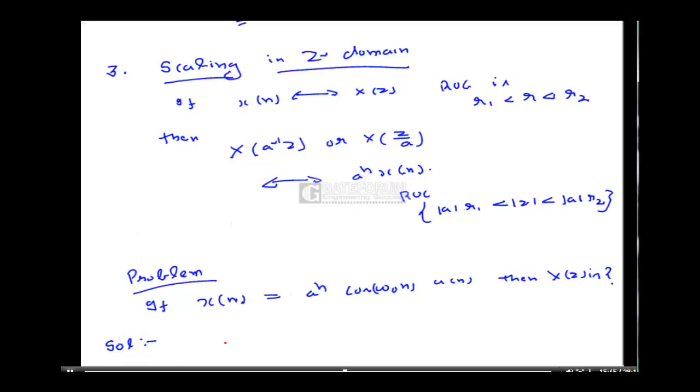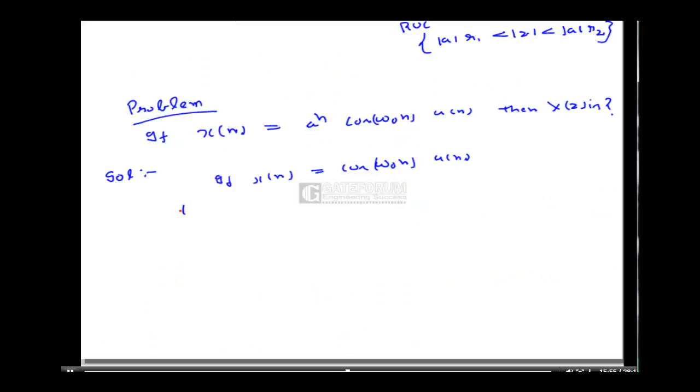Using the above property, we know if x(n) is equal to cos omega naught n u(n), then X(z) is equal to (1 minus z inverse cos omega naught) upon (1 minus 2 z inverse cos omega naught plus z to the power minus 2). Now, when a to the power n is multiplied here, that means scaling is done in z domain by 1 by a.